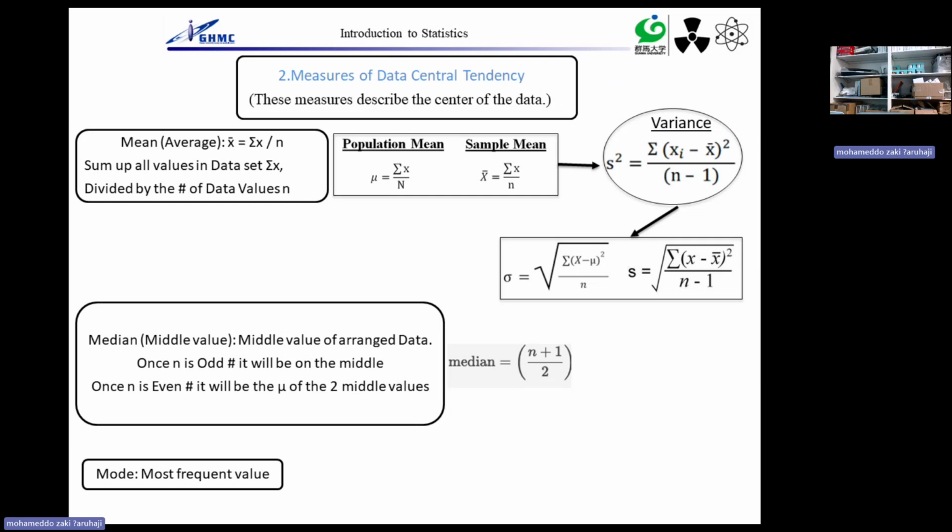Now let's calculate the median. The equation says the median is the third value after arranging the data in order.